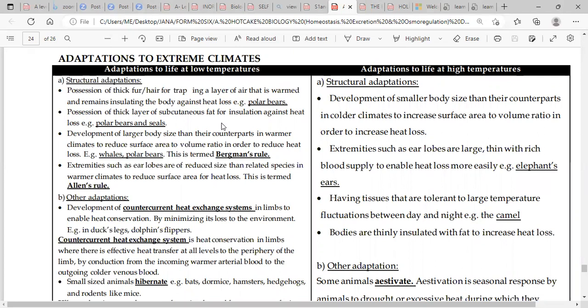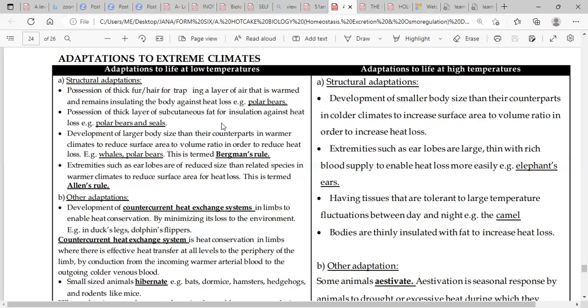For example, these animals possess thick fur or hair for trapping a layer of air that is warmed and remains insulating the body against heat loss. They also possess a thick layer of subcutaneous fat for insulation against heat loss, as well as development of larger body size than their counterparts in warmer climates to reduce surface area to volume ratio in order to reduce heat loss.